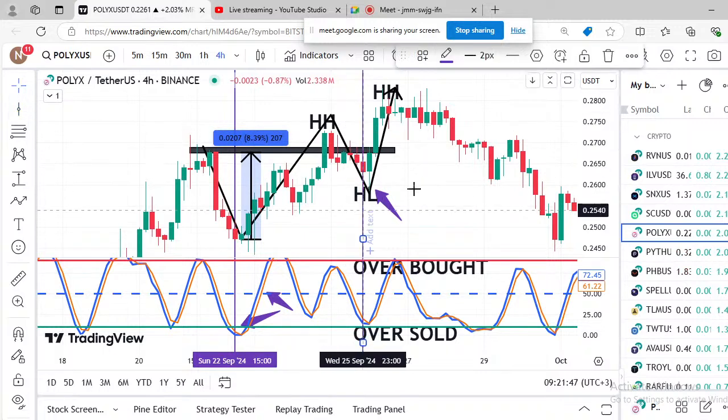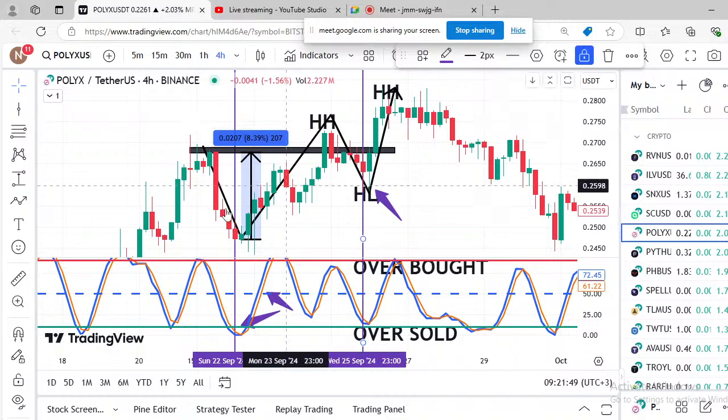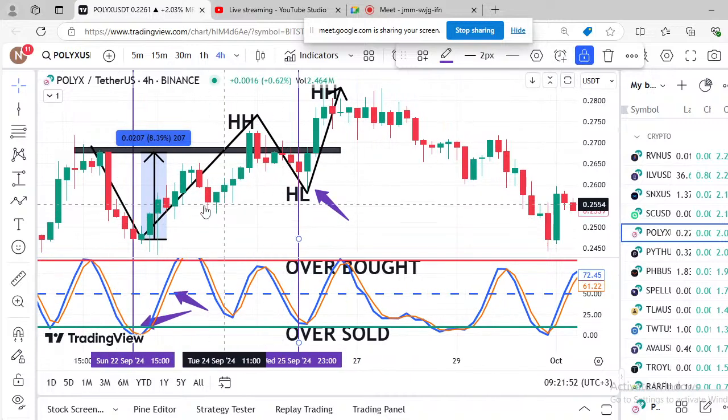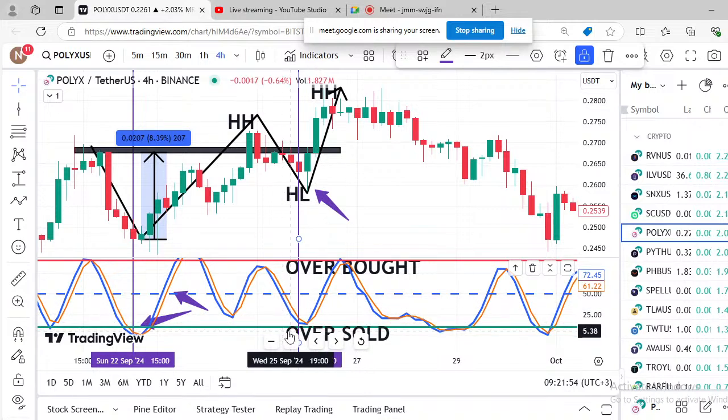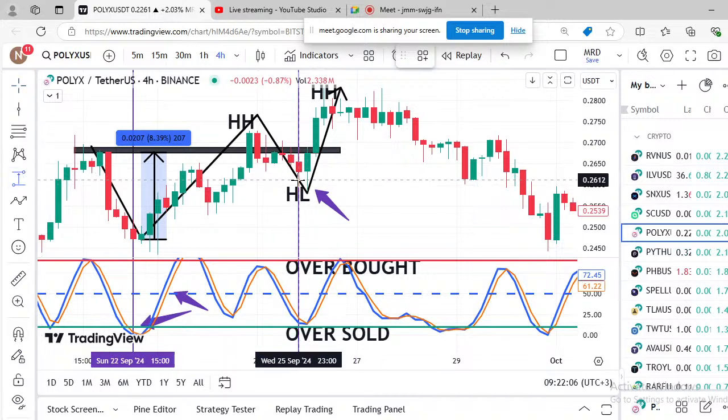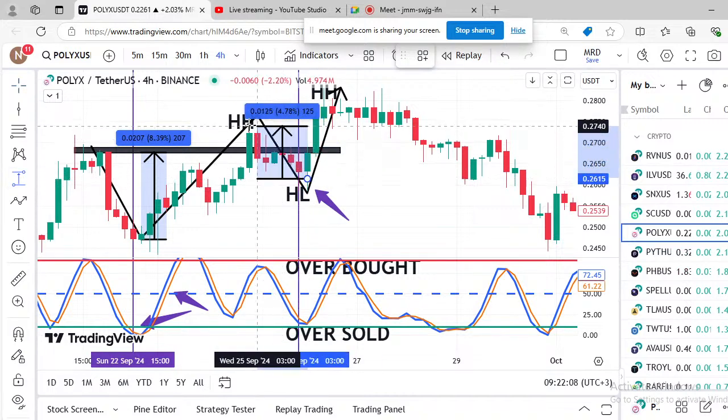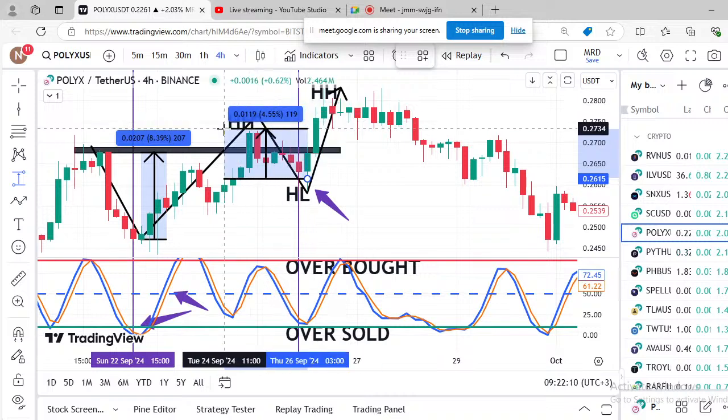You can see. The moving averages were at the line of oversold. Therefore, we had to enter from here, targeting the previous high, which was our 4%.